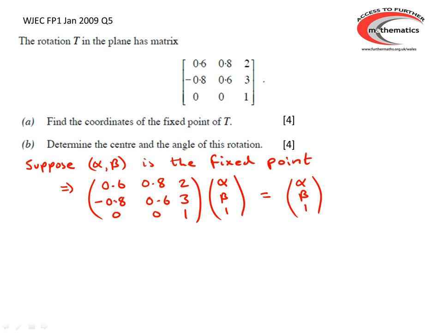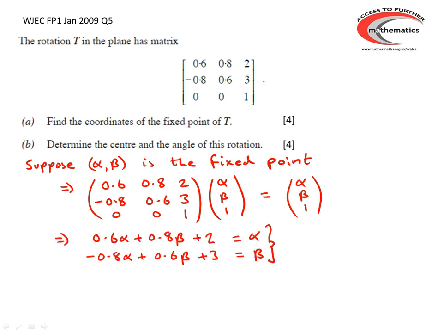Then we've got the matrix times (alpha, beta, 1) must equal (alpha, beta, 1). So, looking at the x-coordinate first of all, I've got 0.6 alpha + 0.8 beta + 2 must equal alpha. And we must also have -0.8 alpha + 0.6 beta + 3 = beta.